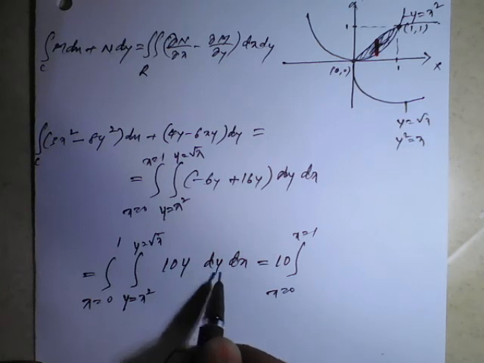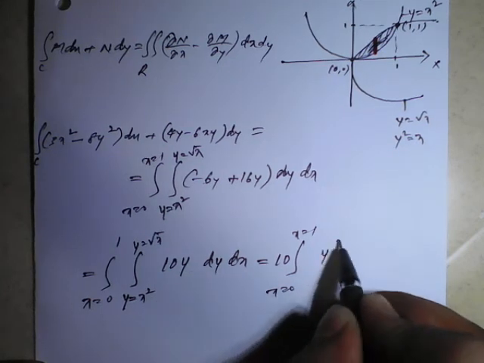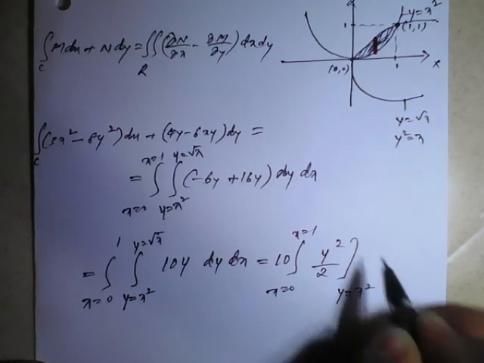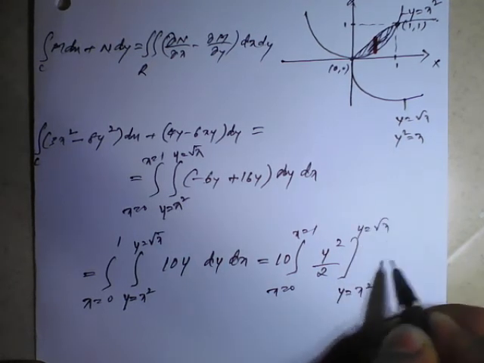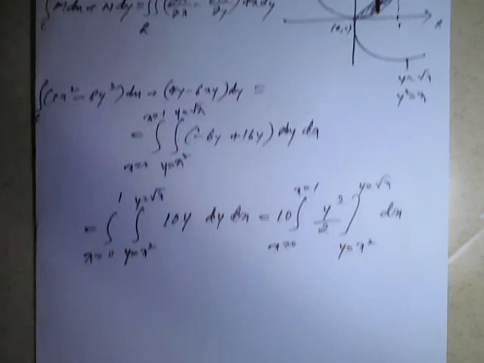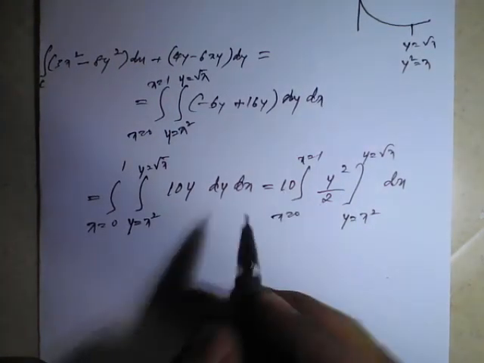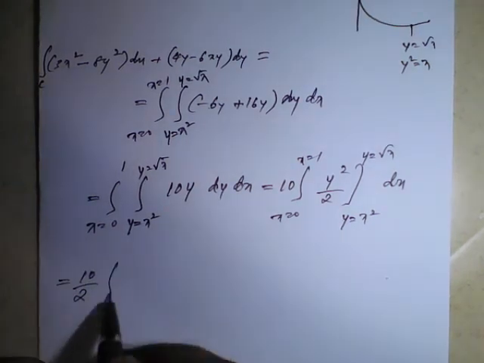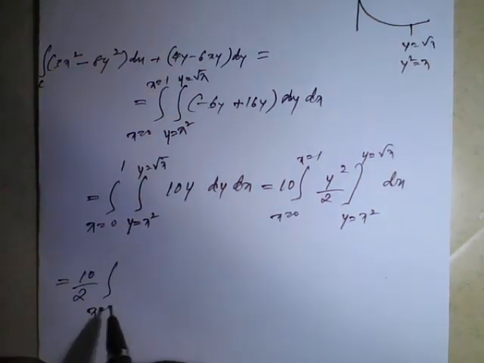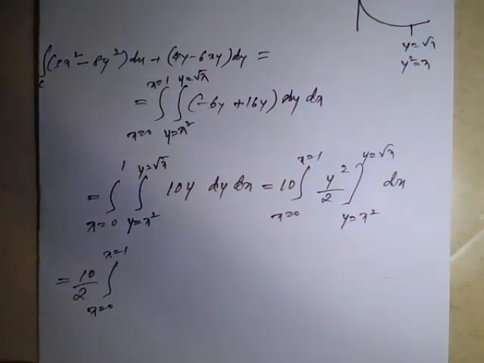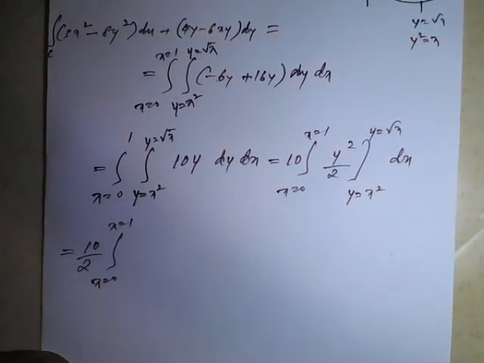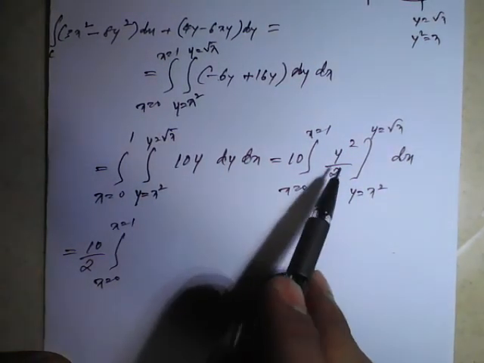Integration of y with respect to y is y square by 2, with limits from y is equal to x square to y is equal to root x, into dx. So 10 and 2, it will be completely outside, it will become 10 upon 2, and this integration will remain as it is. You just recall your first semester, how to find the area, changing the order and all, the same kind of examples these are.